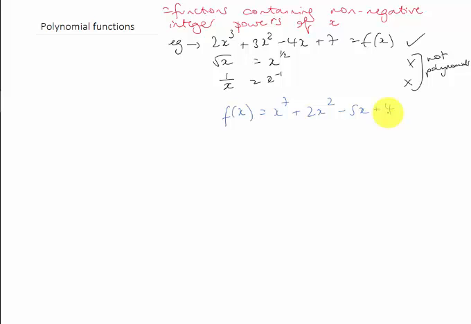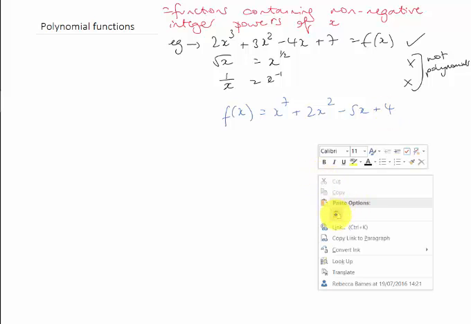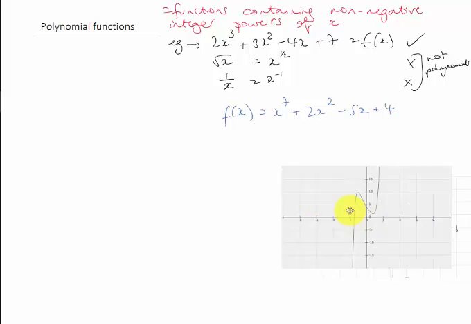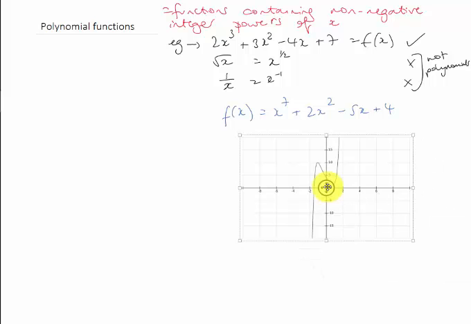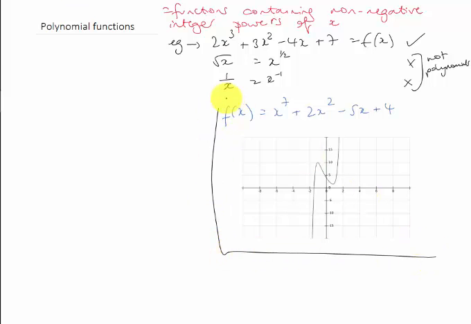And so I entered this into a program on the computer, and it looks like this. There are ways to work out where the turning points are and stuff, but we're not going to worry about that today. So this is an example of a polynomial function.